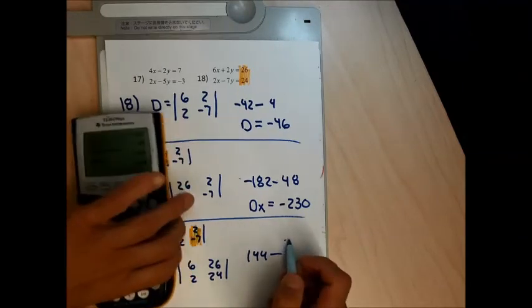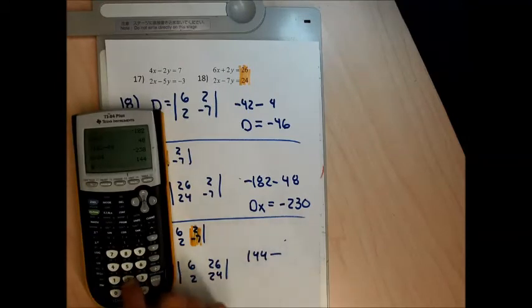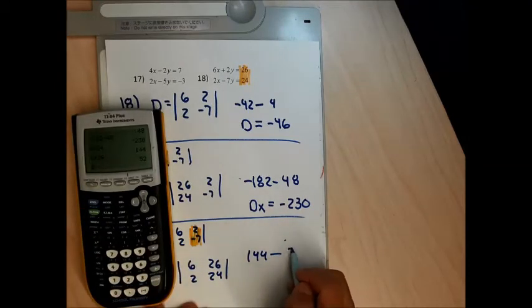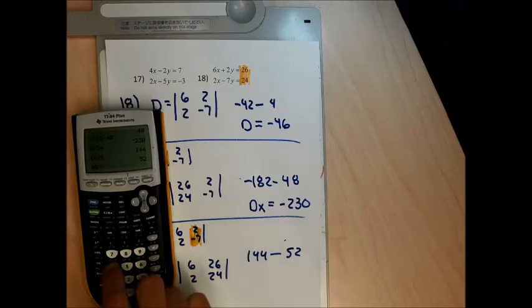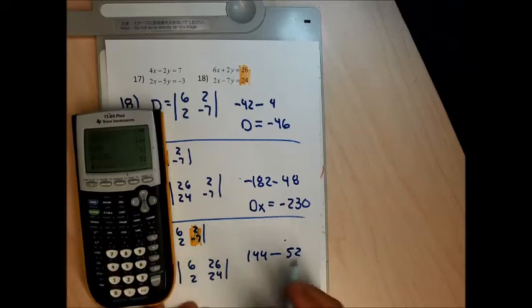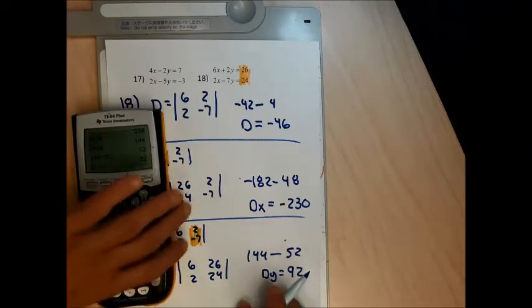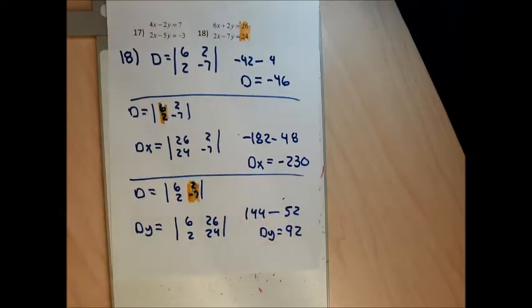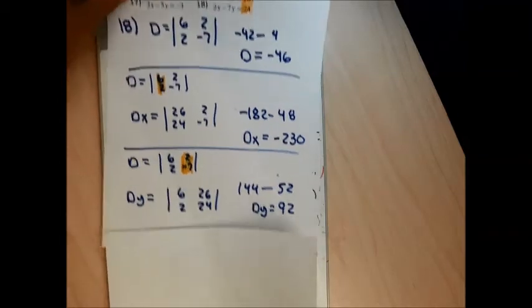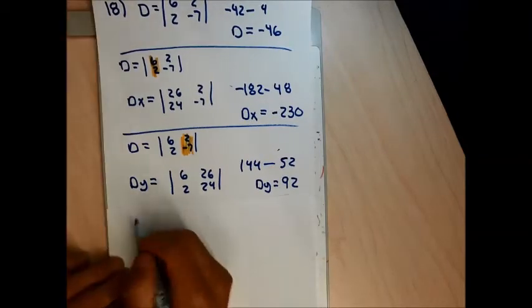Then a minus sign. And then 2 times 26 is 52. And 144 minus 52 equals 92. So D sub y equals 92. Have all the determinants that I need. So I'm ready to get to my answer right now.